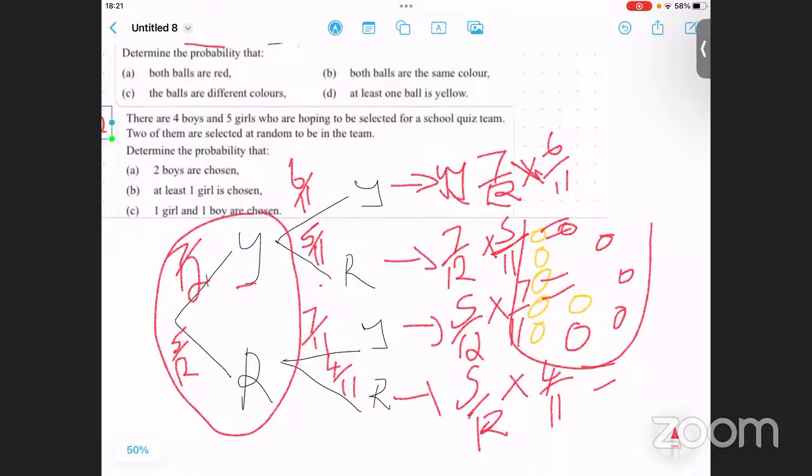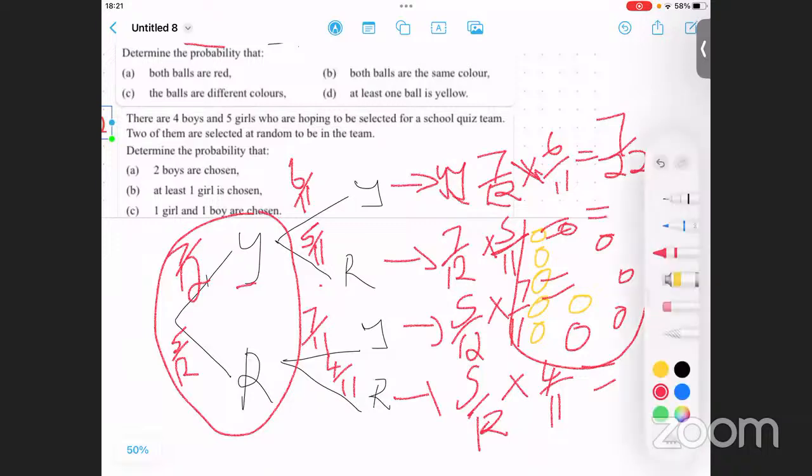And then for the second one, I got 35 over 132. And then for the third one, I got 35 over 132. And for the last one, I got 5 over 33. 5 out of 33.